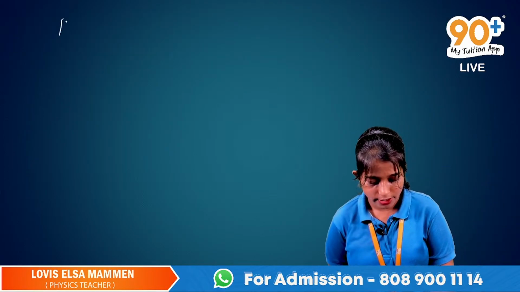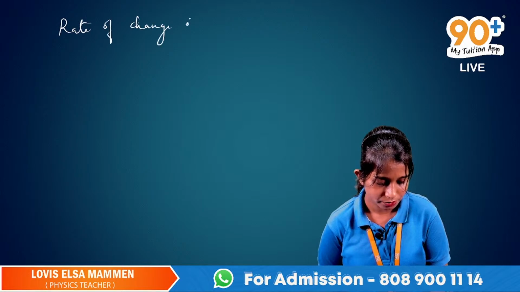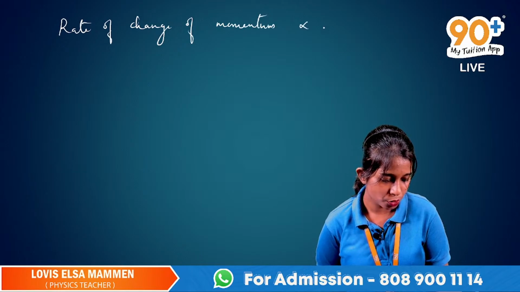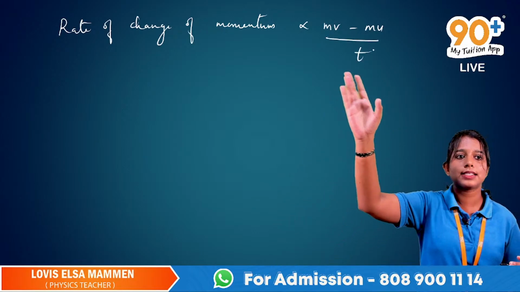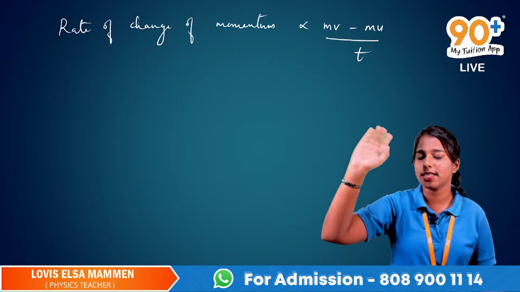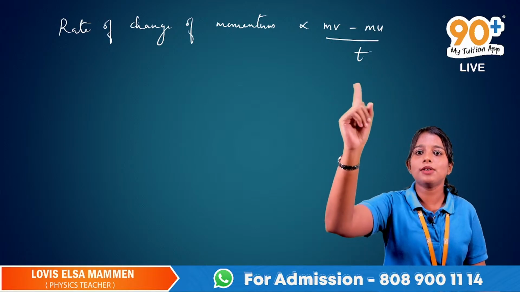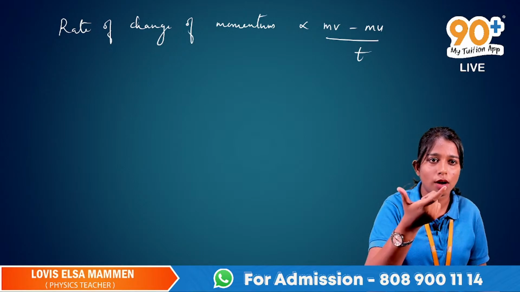Okay, so I'll write it again. Rate of change of momentum is proportional to mv minus mu by t. Now look here, mass is there. Is the quantity mass common? m is common there, right?